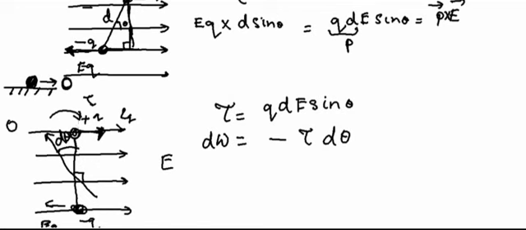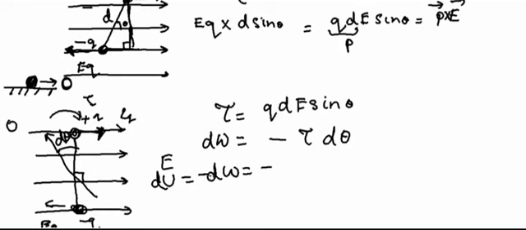Where will this amount of work go? The work which this torque does will go as potential energy of the system. I am trying to find the potential energy, so dU, the small increase in potential energy, will be equal to minus dW.